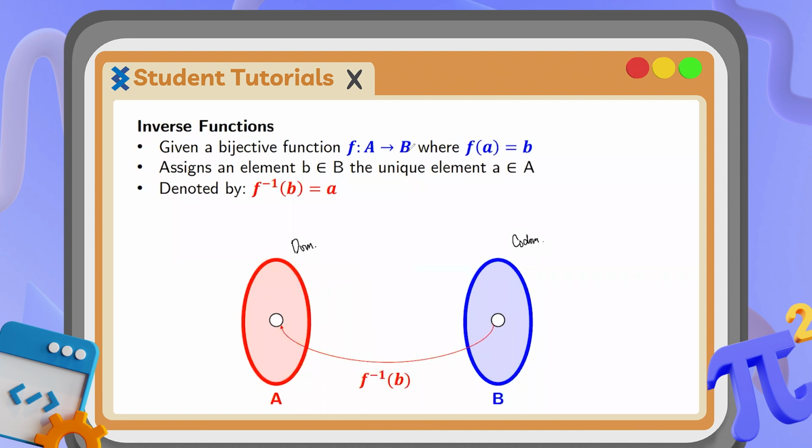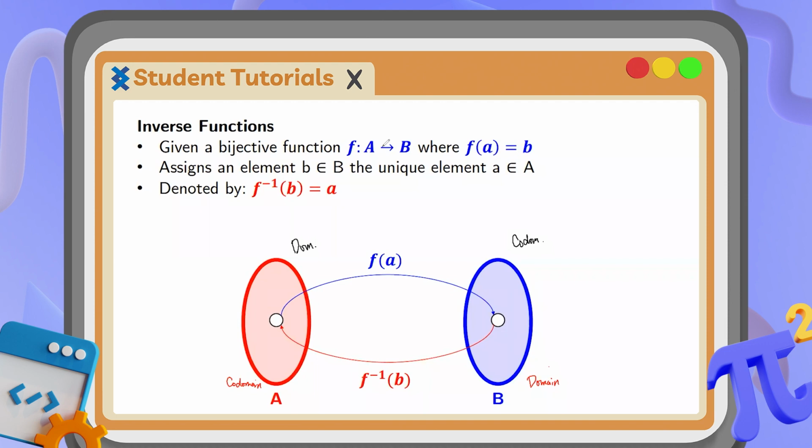On the other hand, inverse functions actually get you back to the original value. So this time our domain would be the codomain, and our codomain would be the original domain.